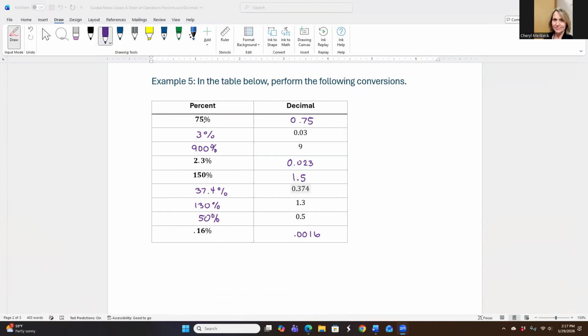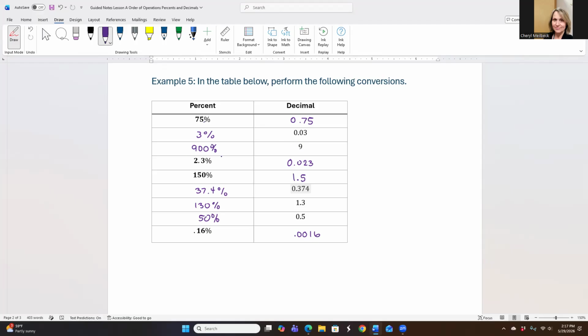75%, the decimal's behind the 5. We move it 2 places to the left, so we get 0.75 as a decimal. 0.03, to change it to a percent, we multiply by 100, moving the decimal 2 places to the right, so we get 3%. Same with 9.